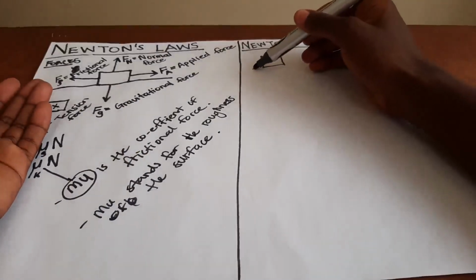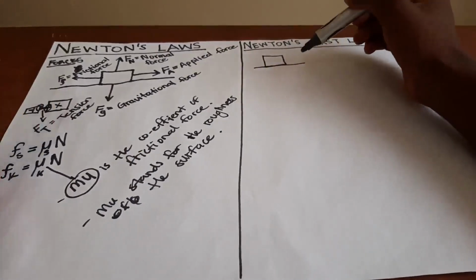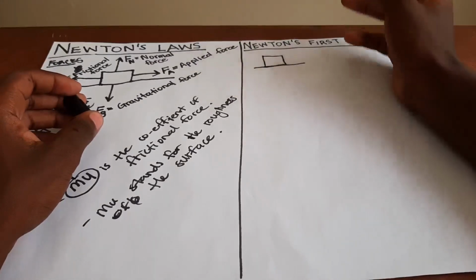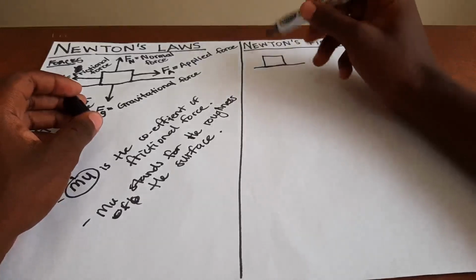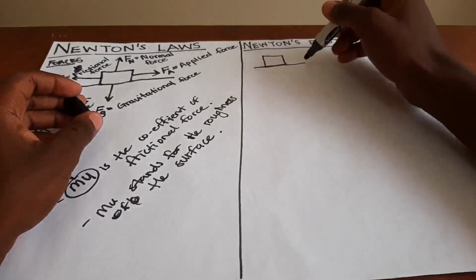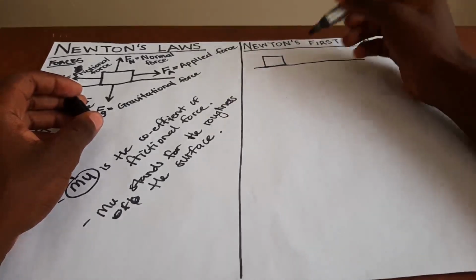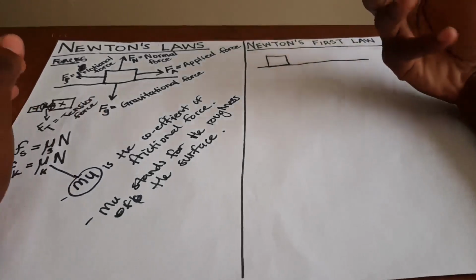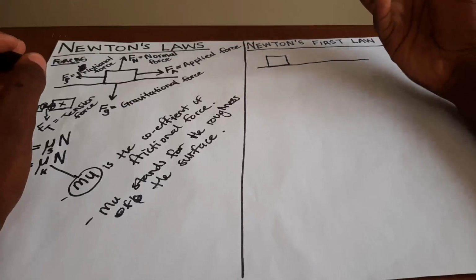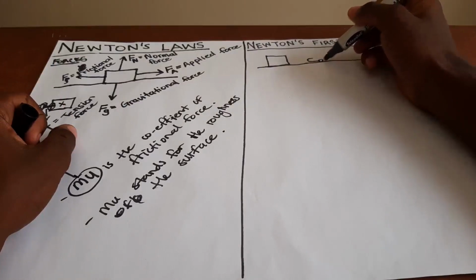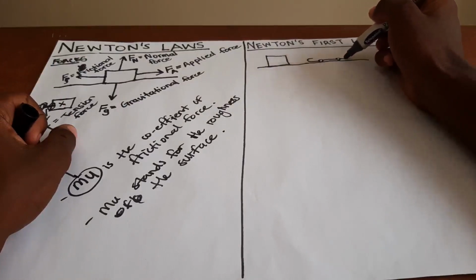This object will always be at rest unless a net force is applied on it. It will only move if a net force is applied on it. Let's make an example of a car. An object will be in its constant motion unless a net force is applied on it. Let's say this is your car.